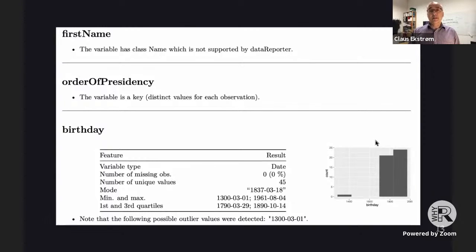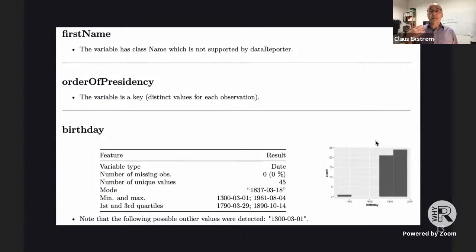So it tries to check if there are any potential outliers here. For example, it has identified, as you can see towards the bottom, that there is a possible outlier with the birth date March 1st, 1300. It doesn't say that this is an error, but it enables us to check whether or not we think that is reasonable, and we can go back and try to correct it later on in the process.